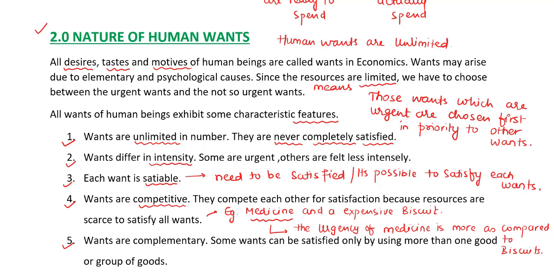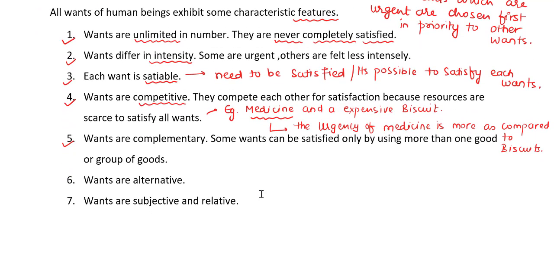Let's see the fifth point. Wants are complementary. That means what? That some wants can be satisfied only by using more than one good or group of goods. So wants generally complement each other. Supposingly you want a meal for lunch.